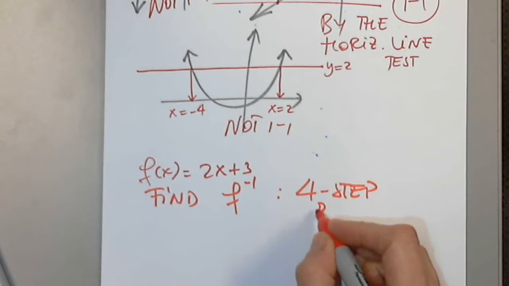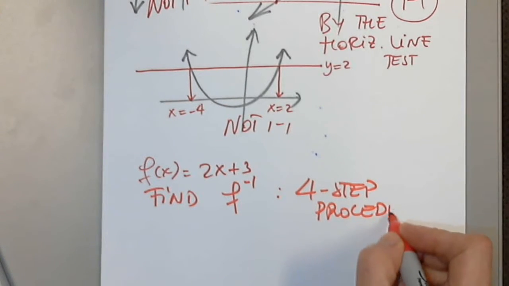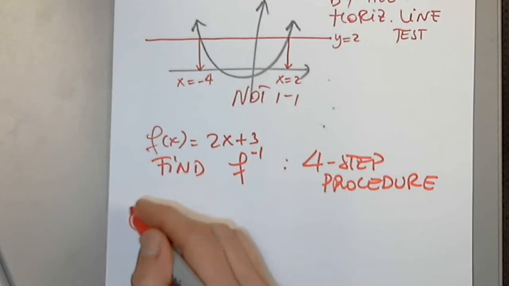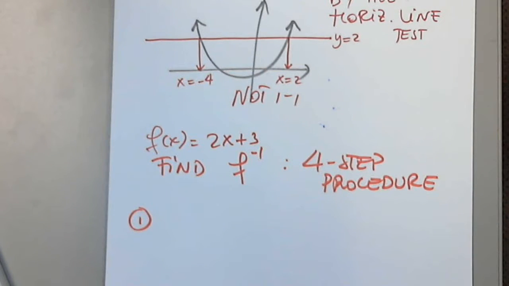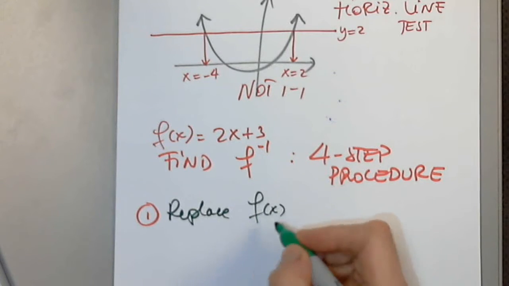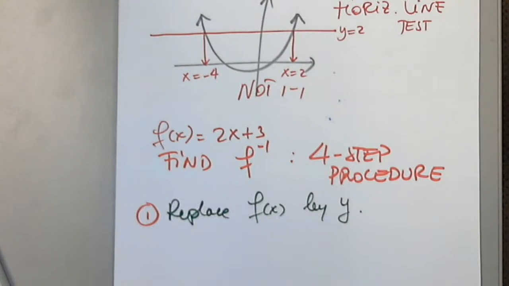So find f inverse. 4-step procedure. Step number 1. Replace f of x by y. And you should say, wait a minute, let me think. Am I allowed to do that?